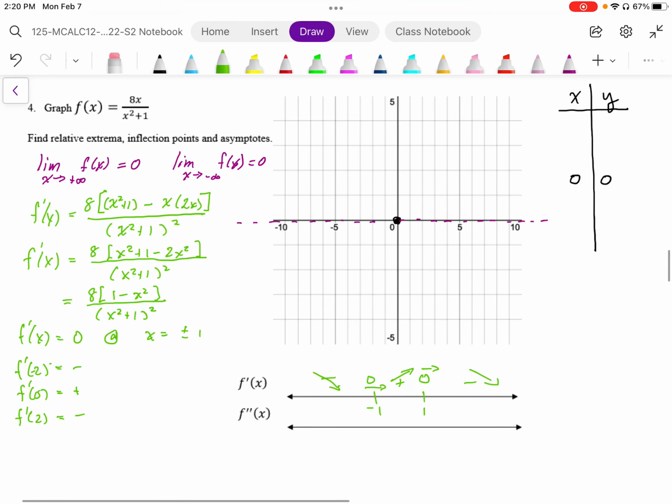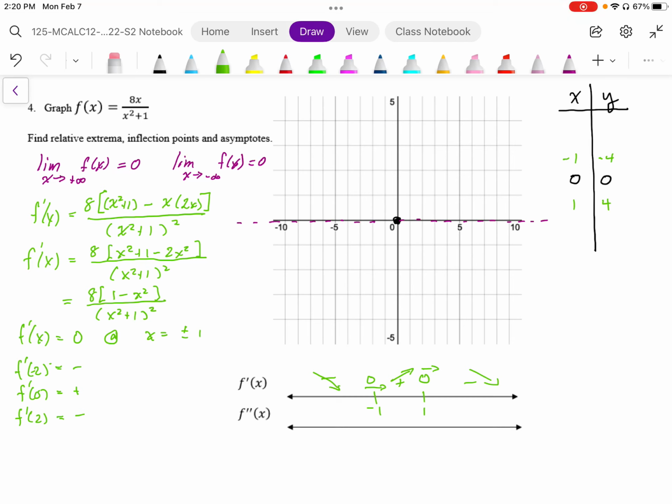Okay, so now I'm going to plug in my negative 1 and positive 1 to get a y coordinate. So negative 1 into my f of x, I get negative 8 divided by 2, so it's going to give me negative 4. And I'm going to get positive 8 divided by 2, so that's positive 4.